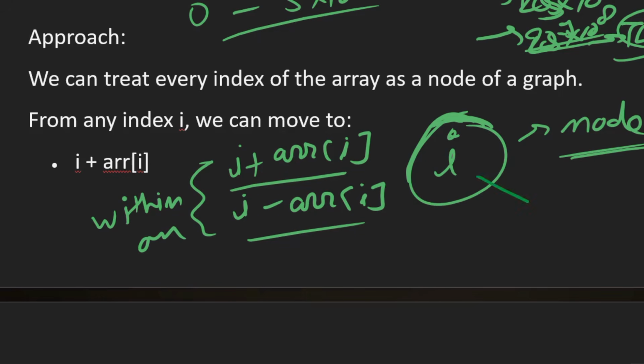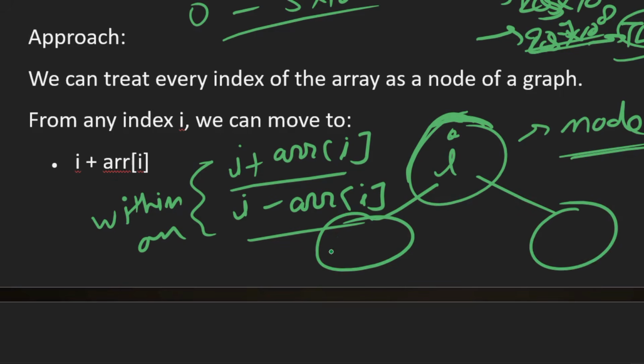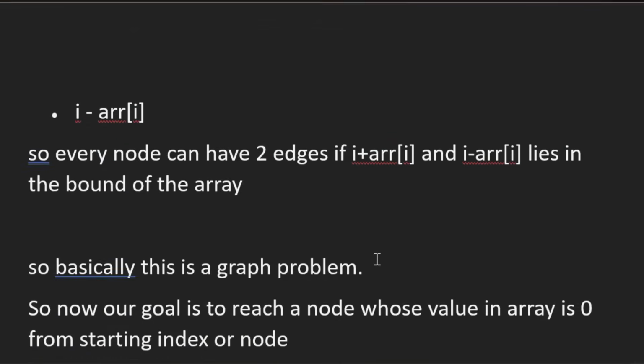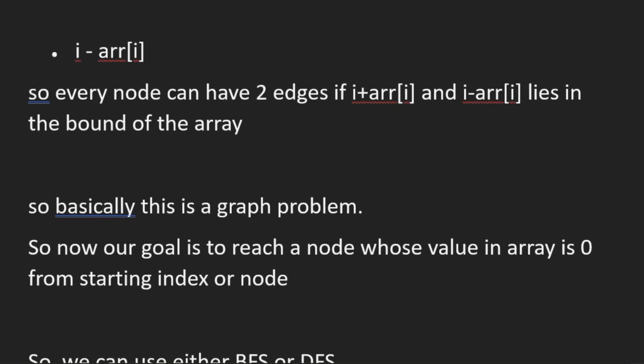So from a node number i we can go to two different nodes, i minus arr[i] and i plus arr[i], if they lie within the bounds of the array, right?